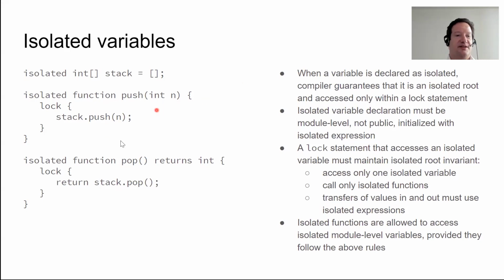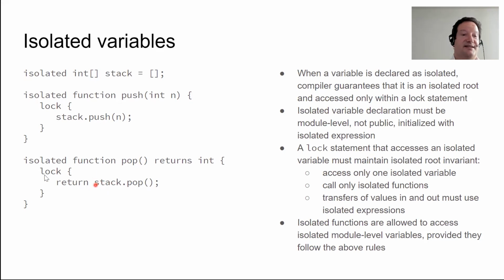There are some rules for what you can do: within a lock statement, if you access an isolated variable, you are constrained in what you can do in that lock statement.